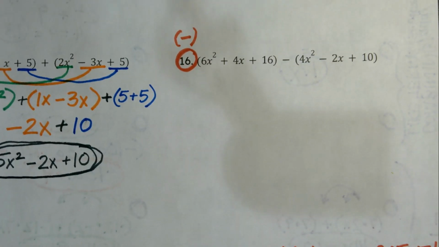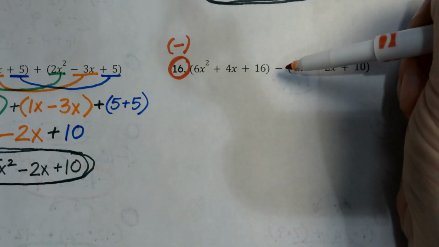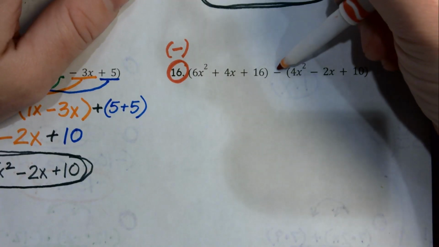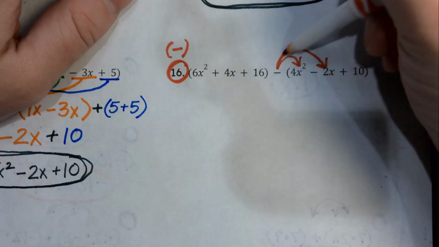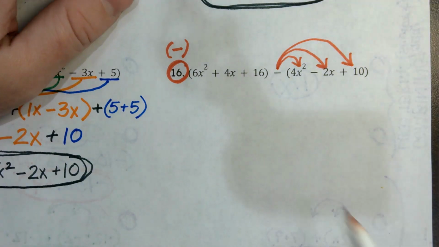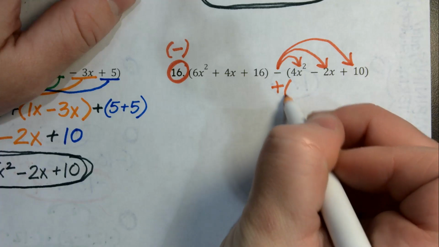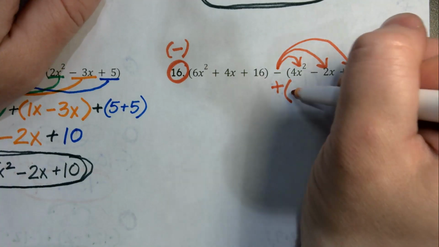All right, what are we doing first? Yes, we have to distribute this negative. We don't subtract polynomials, we only add. So in order to do that, we got to get rid of it and turn it into a plus. So let's make that a plus. And what am I going to write below it? -4x squared.